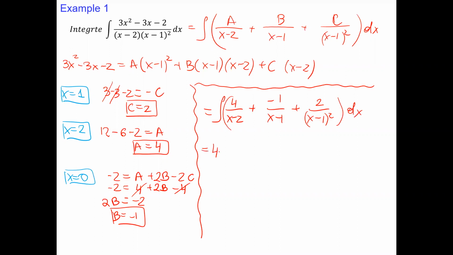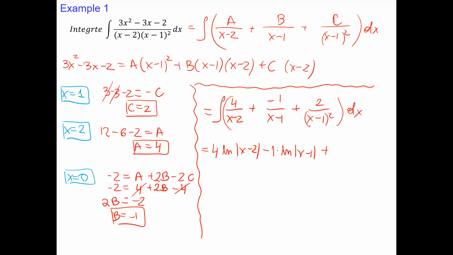Of course, the first integral we can keep the constant 4, and natural log of x minus 2, because the derivative of x minus 2 is 1. Then negative 1 natural log of x minus 1.